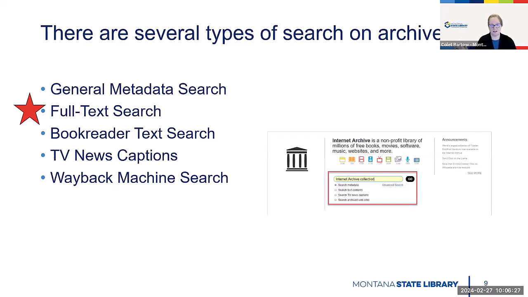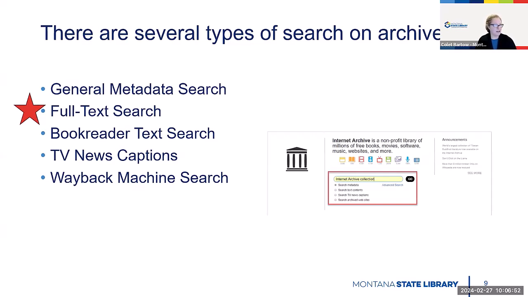As I said, there's so much metadata that describes all of the items, but sometimes that full text search is going to be the thing that comes straight from that patron's request or their research question, and it helps you have that springboard to the larger topic. So that's something that I usually start with, is a full text search as opposed to a general metadata search.